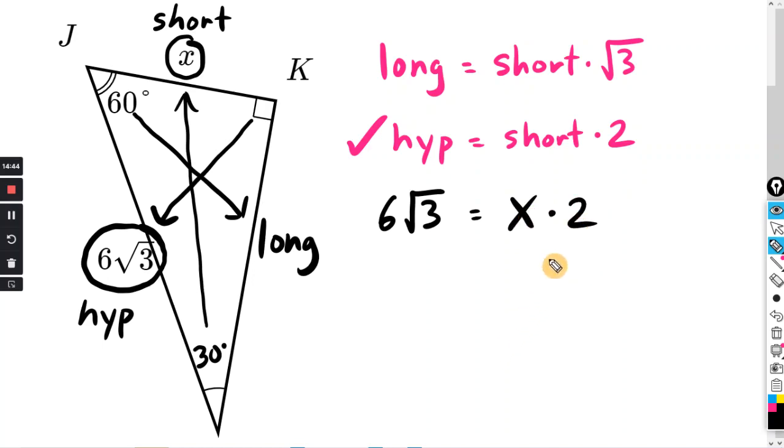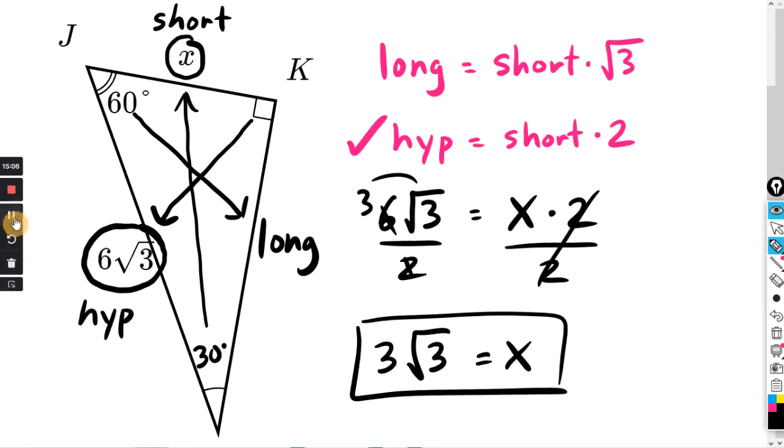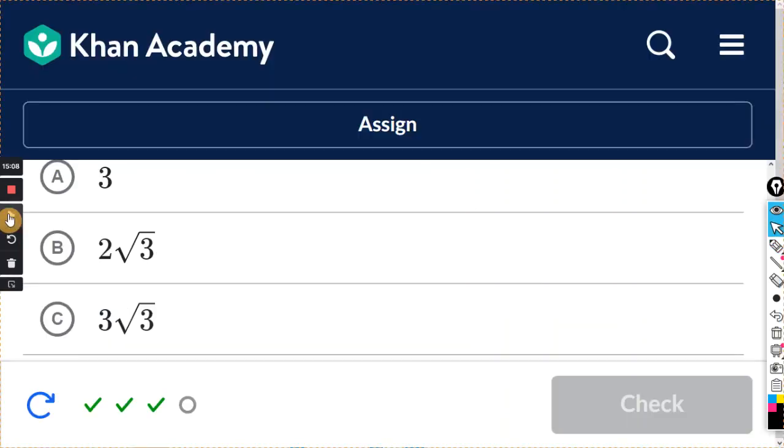The opposite of times 2 is divided by 2. Cancels here. 6 divided by 2 is 3. And the final answer is 3 radical 3. Answer C.